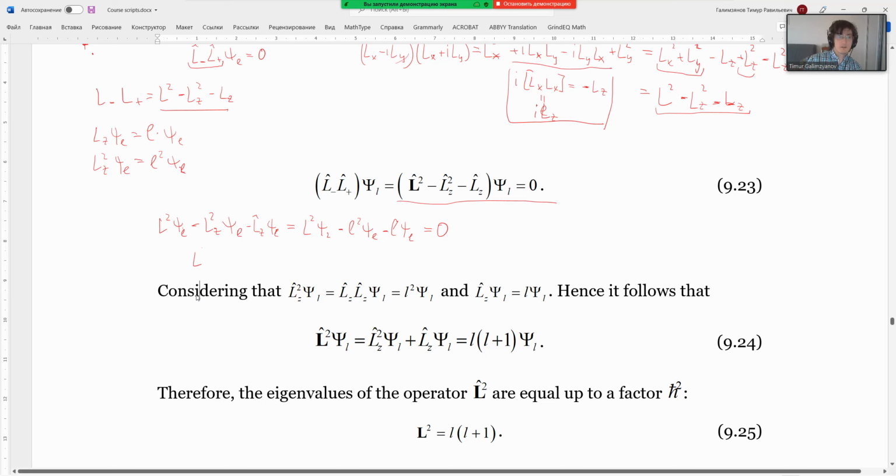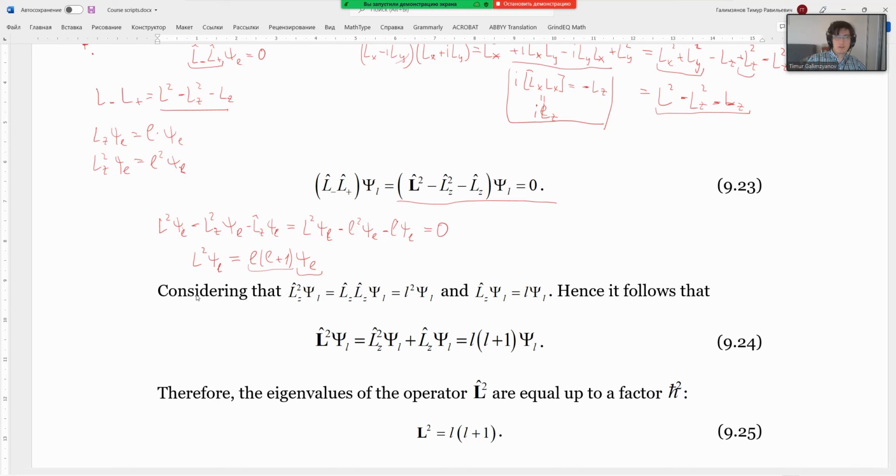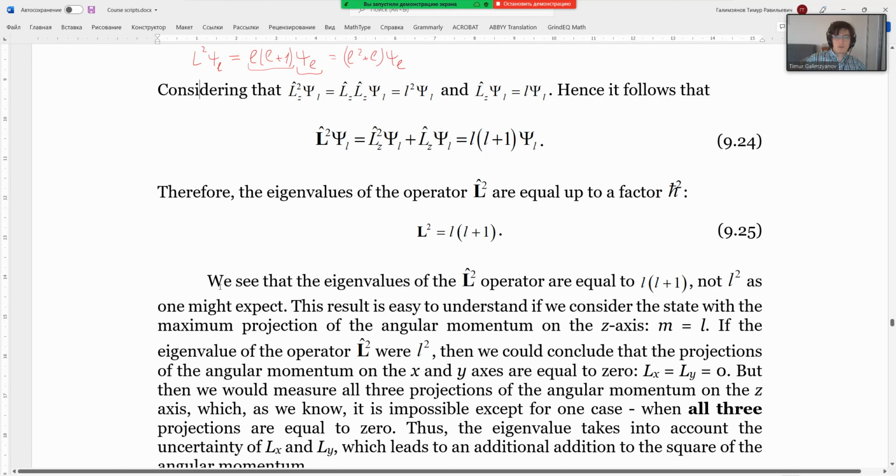Which means that L squared psi L equals L times L plus 1, which is L squared plus L, times psi L. So we see that psi L is the eigenfunction of L squared, and its eigenvalue is L times L plus 1, or in other words, L squared plus L.